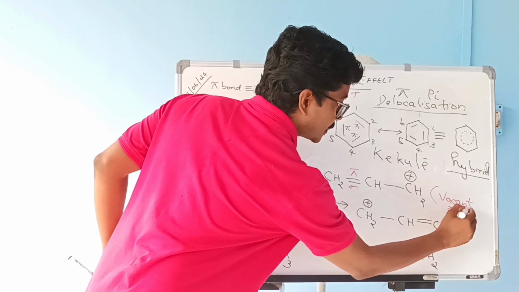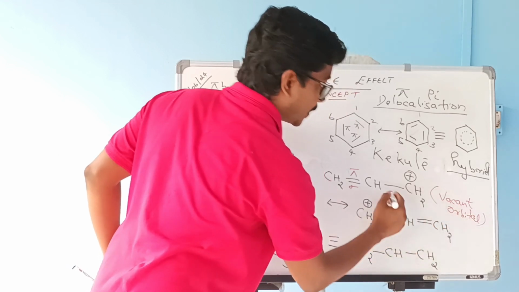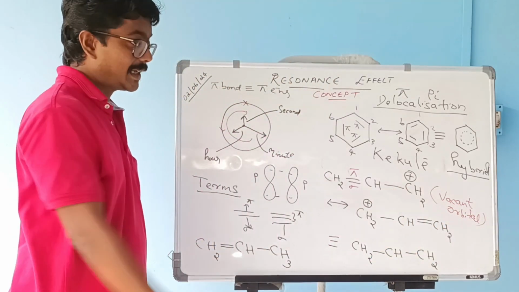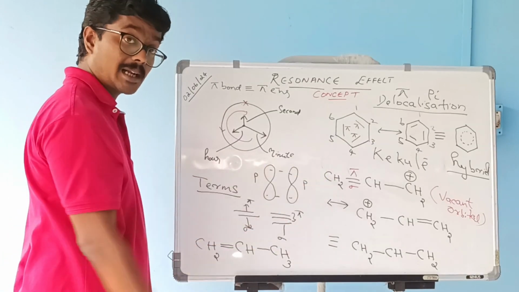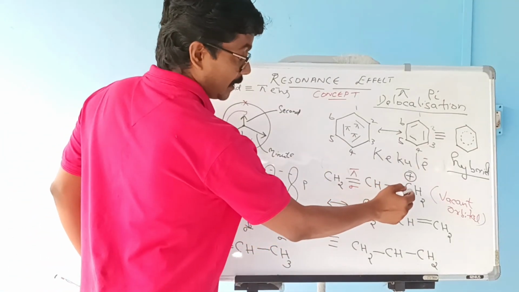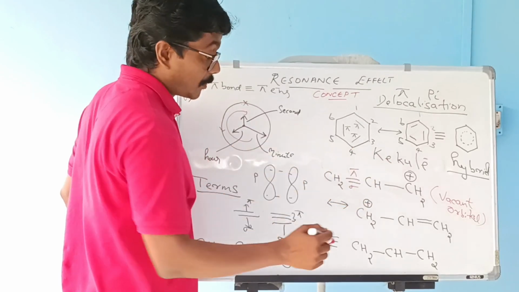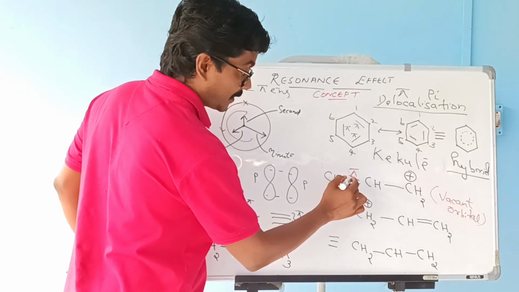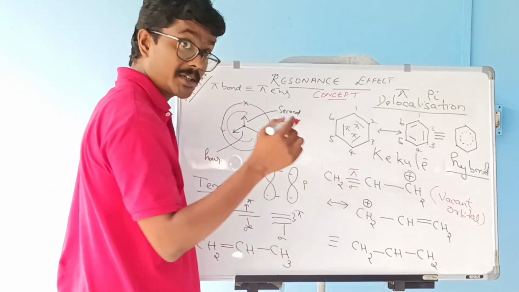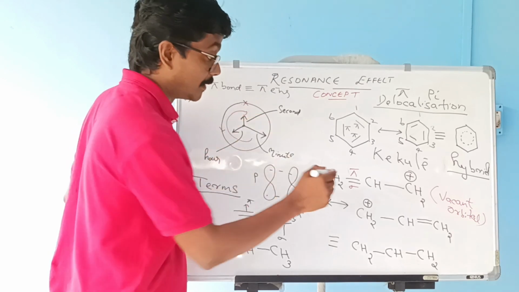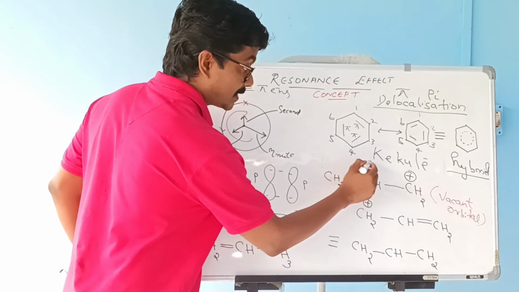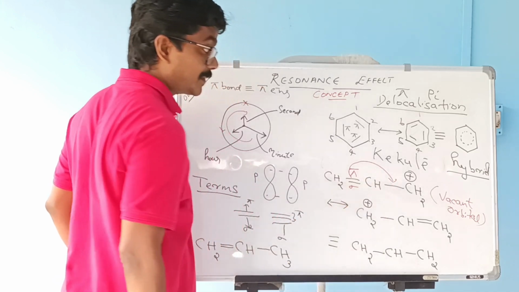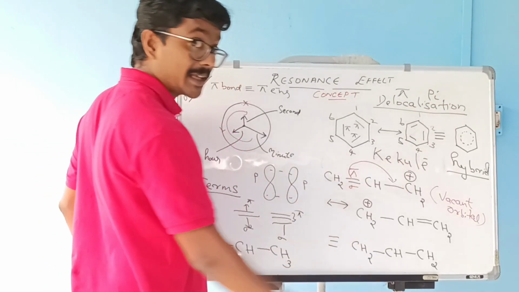It's a carbocation, an allyl carbocation. The terminal carbon has a vacant orbital. So what happens? The delocalization of pi electrons will happen. The pi bond will shift towards the vacant orbital.